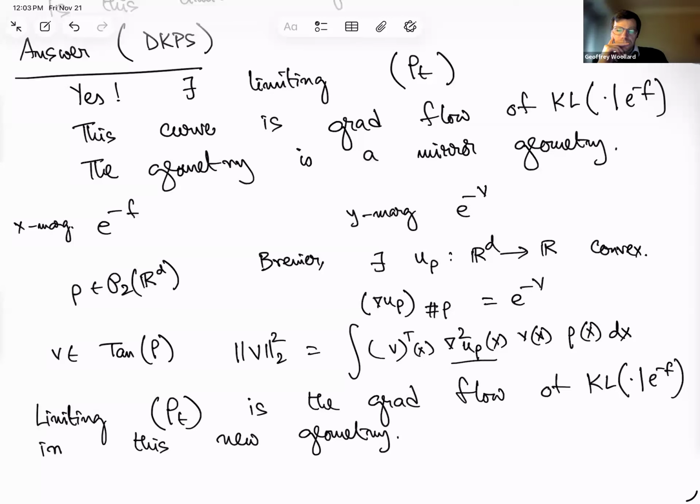And the answer was, at the minimizer of the function, I should have the Hessian of the mirror map be very small. And so what you should expect here is, the minimizer is at e to the power minus f. So near a neighborhood of e to the power minus f, if you have this Hessian of the Brenier map function be very small, then you'll have very fast convergence. Otherwise, you wouldn't expect very fast convergence.